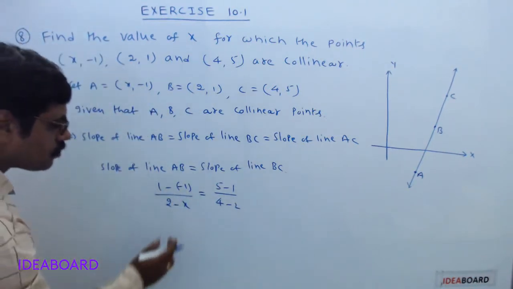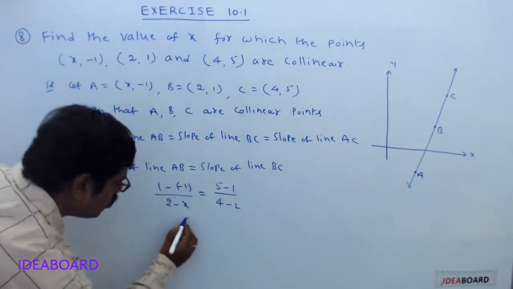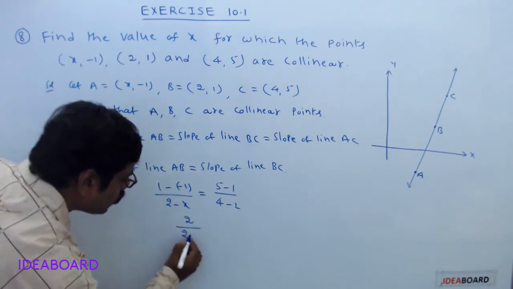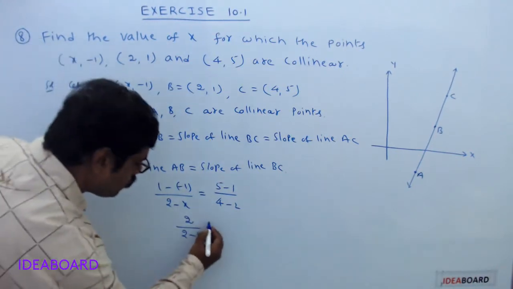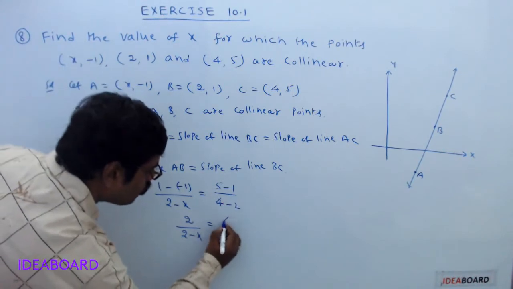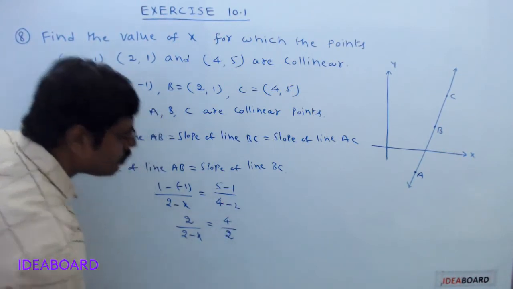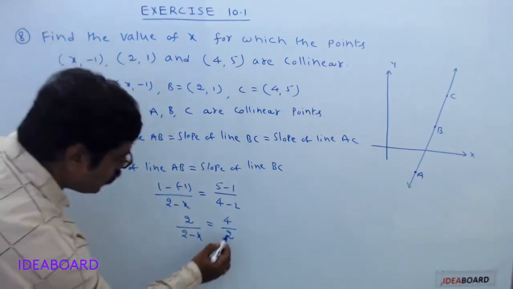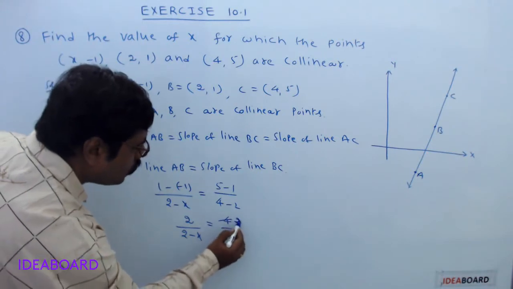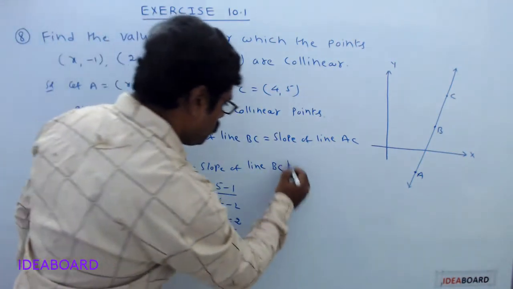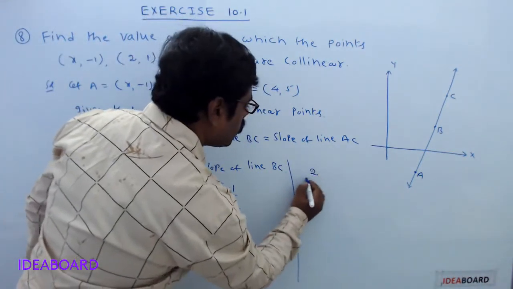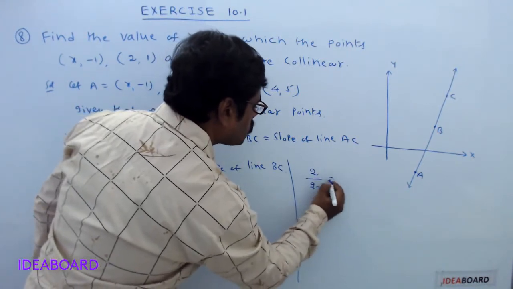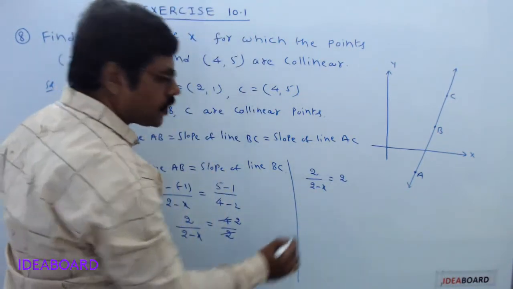So 1 minus (-1), 1 plus 1, it will be 2 divided by 2 minus x equals numerator value 4, denominator value 2. Now here 2 will be cancelled in 4, 2 times. So this is 2 divided by 2 minus x equals 2.